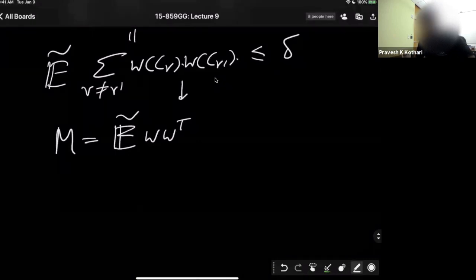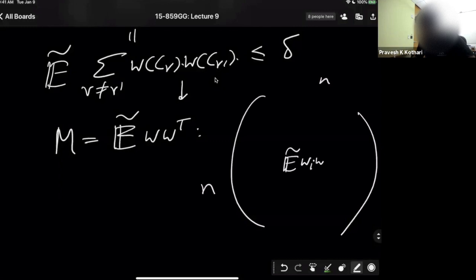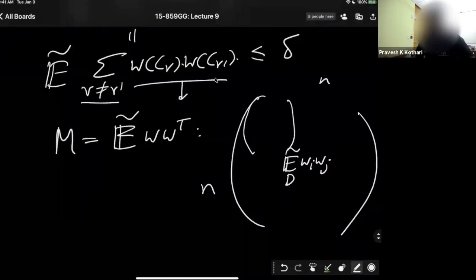Okay. So you remember what this matrix is? It's an n by n matrix, indexed by samples basically, right? And the ijth entry is the expectation with respect to D of Wi, Wj. Okay. And so what is this statement saying? Imagine you arrange this matrix so that the true clusters appear as blocks.